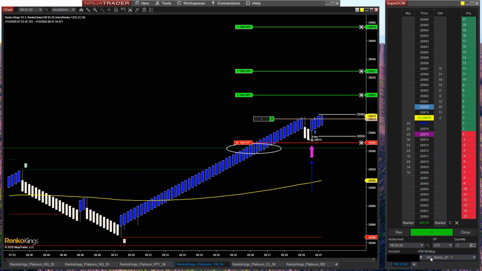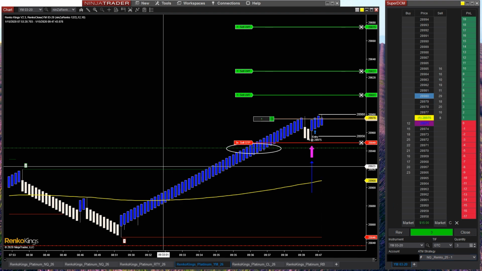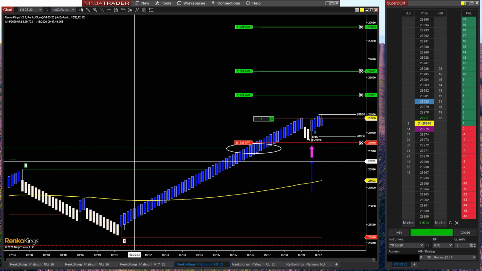I use my NQ ATM strategy for the YM, the NQ, and the Russell, the RTY. Okay. They all have the same brick size. They all move pretty much about the same, so I use the same ATM strategy for those. Okay, so that's the reason why I have that.